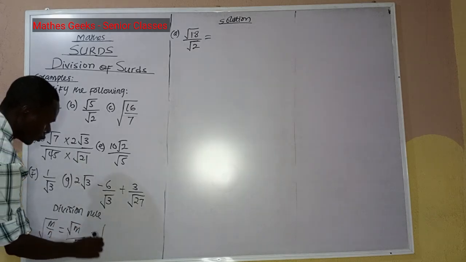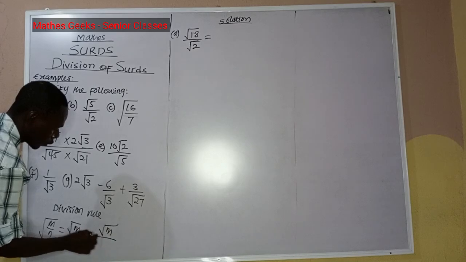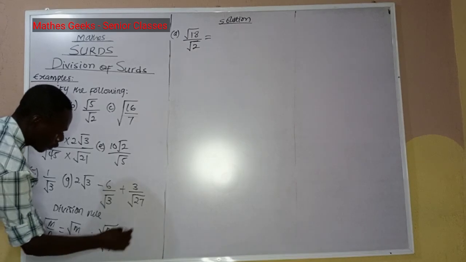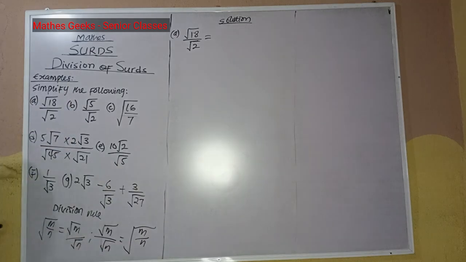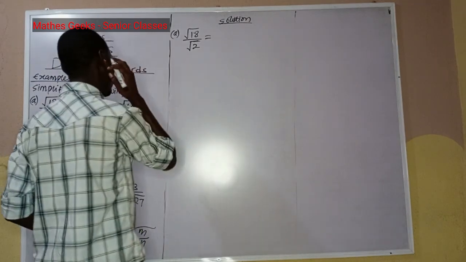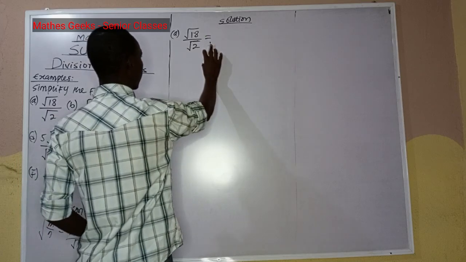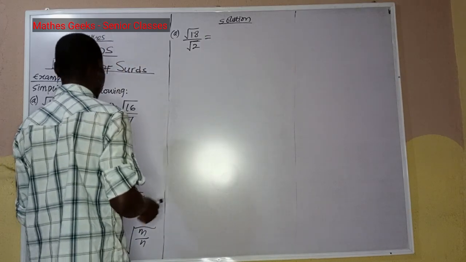Similarly, root m over n equals root m divided by root n. So we can go about this: we can rationalize or we follow this rule. So let's follow this rule first of all.